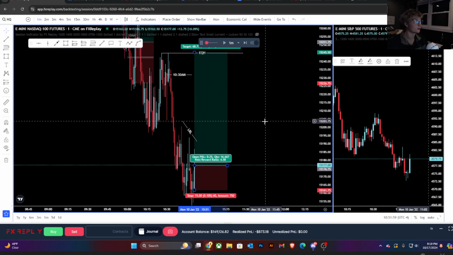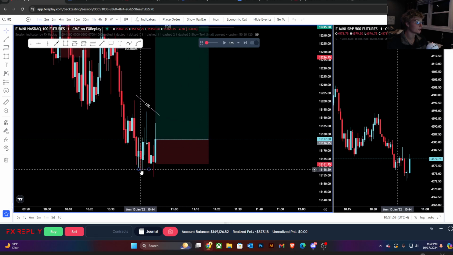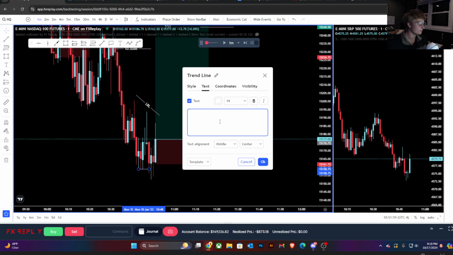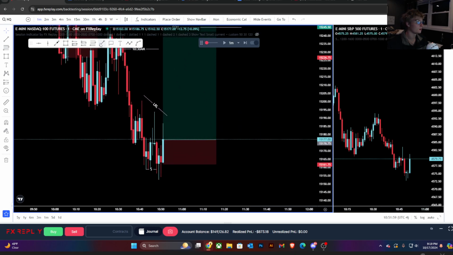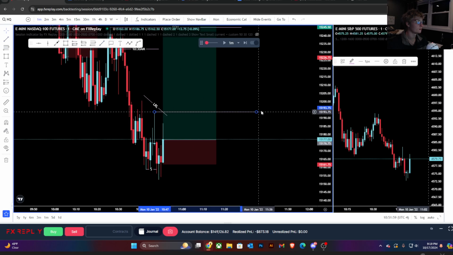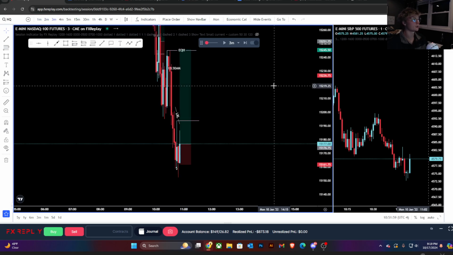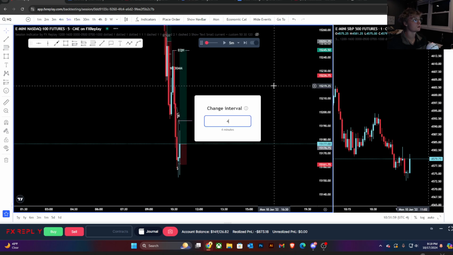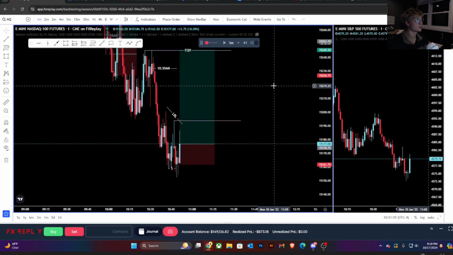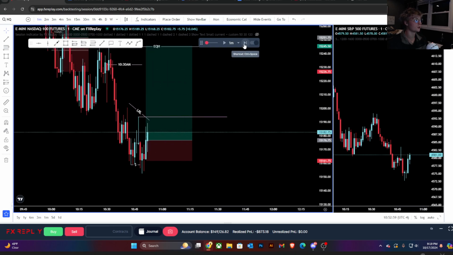She looks super good, but LRL 1 minute inversion, internal liquidity was swept. Break even here. But yeah, let's see. Not taking it because we already took an L, and based on my new rules, that's something that I'm doing. So yeah, let's see if it saves us or not.